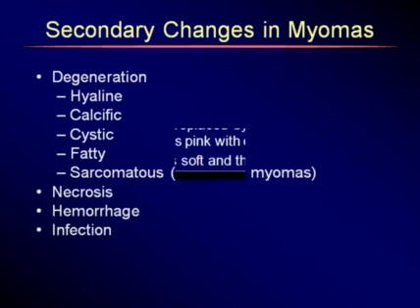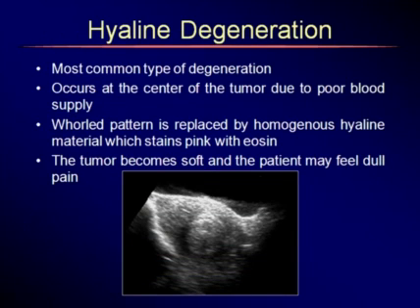Now things start to get a little bit interesting. Hyaline degeneration is the most common type of degeneration. That's actually a pathologic kind of diagnosis. We can't really make that diagnosis from sonography. It occurs typically at the center of the tumor because of the poor blood supply, and the smooth muscle whorls are replaced by homogeneous hyaline material.